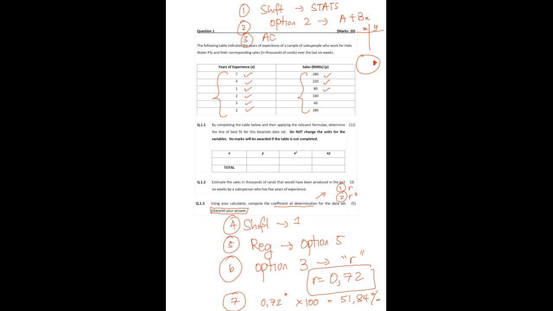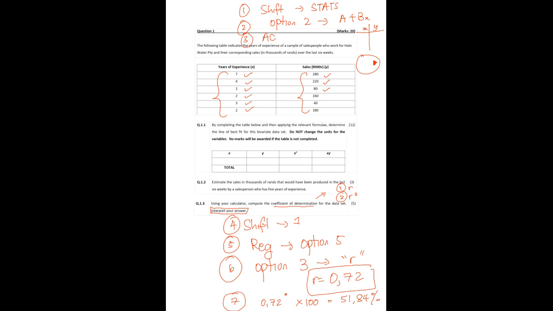You need to obviously go back and check. This R and R squared cannot be negative. A and B can be negative, and R can be negative, but R squared cannot be negative. It's also possible that you maybe are not squaring it correctly.